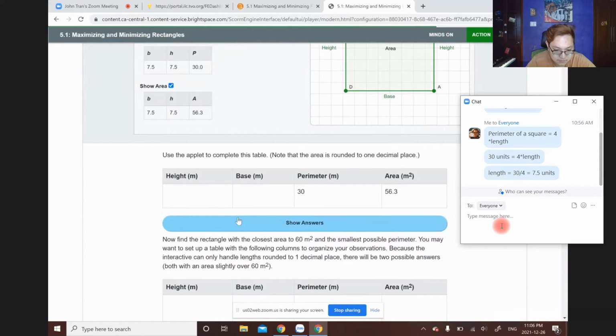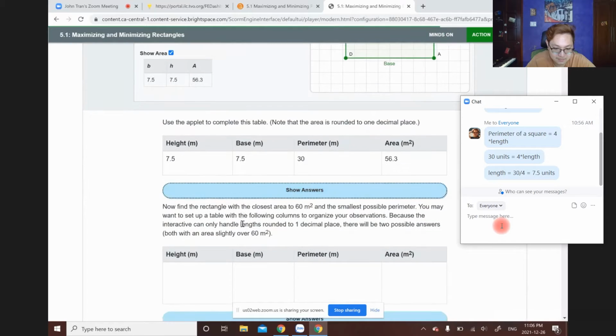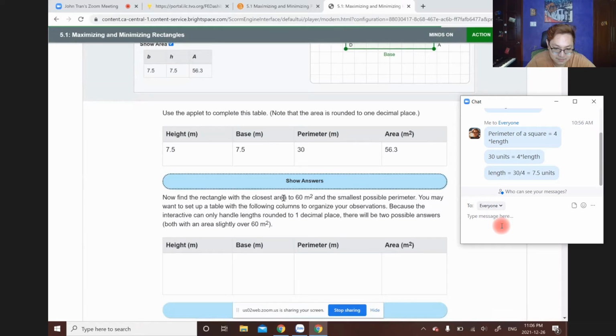Okay, so height and base would be 7.5 each. Now find the rectangle with the closest area to 60.